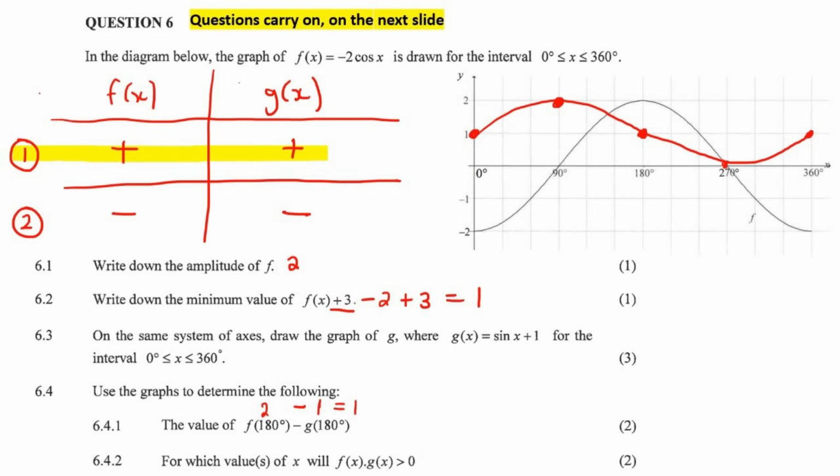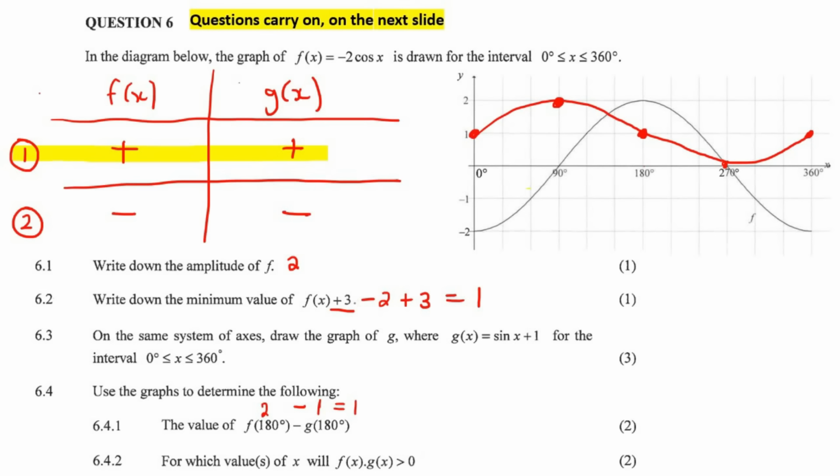So we want to see, are there any places on the graph where both of them are positive? And they're talking about the y values. So this area here is not going to work because this graph is negative. You can see it's got negative y values, but this one is positive. So that's not what we want right now. We want both of them to be positive.